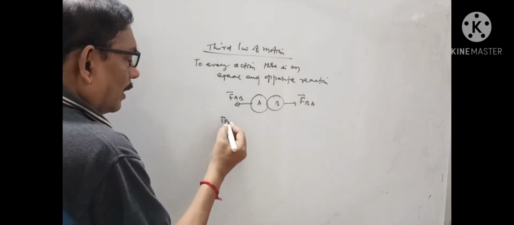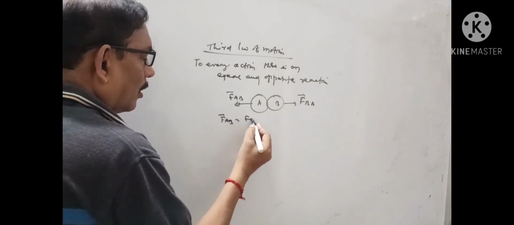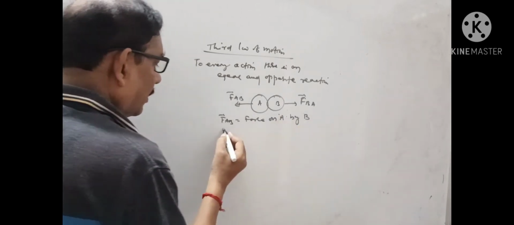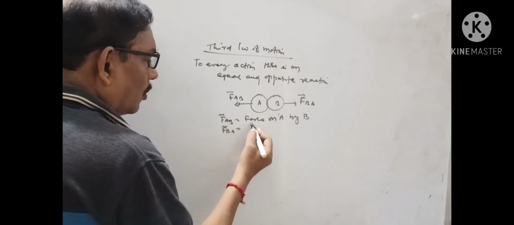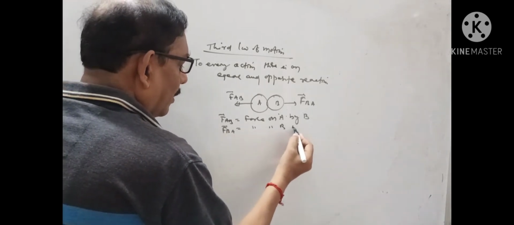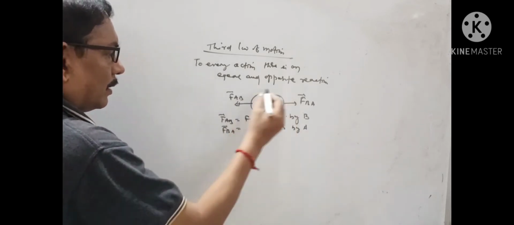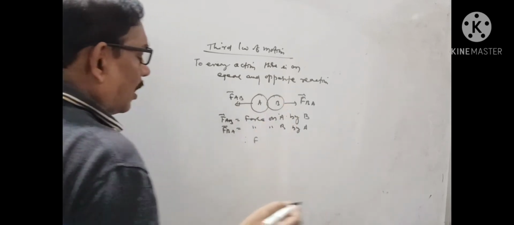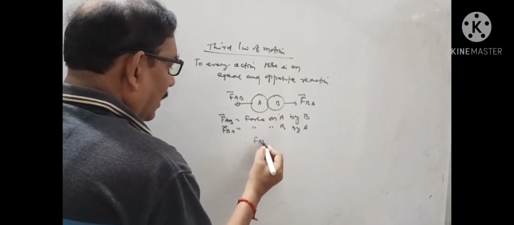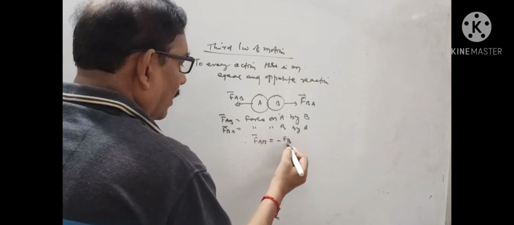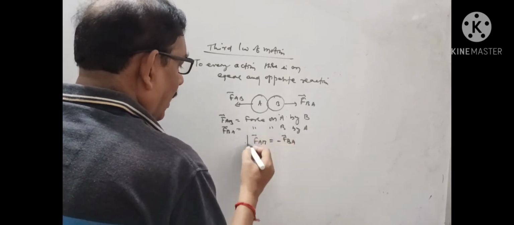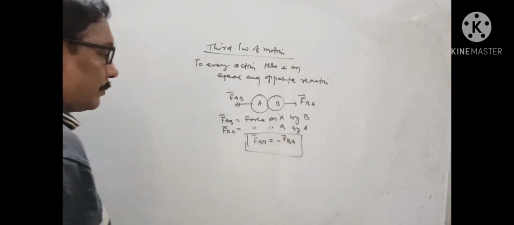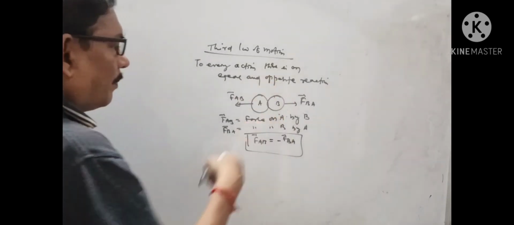FAB is the force on A by the body B, and FBA is the force on B by A. They are of the same magnitude but in opposite directions. FBA is equal to minus FAB. So this is your third law of motion.